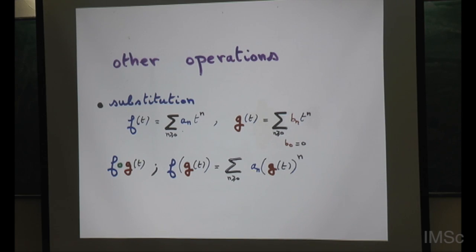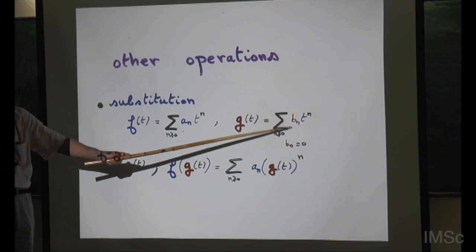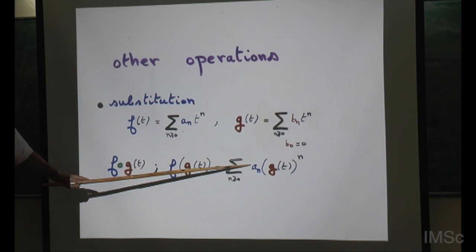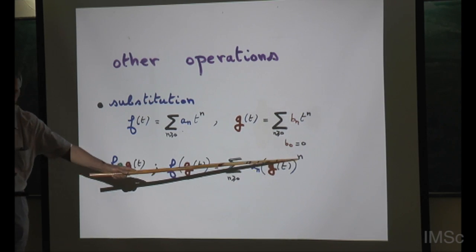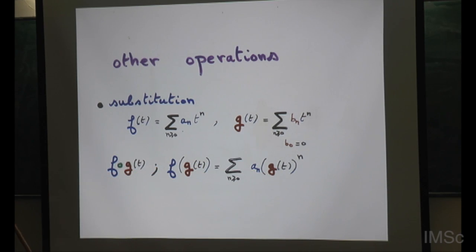So we'll work also with other operations. There are other operations, analogous to classical analysis. If you take a substitution, you have two power series, and you make a substitution, but to make sense, you must have the constant term of g(t) equal to 0. So you take this family of power series, a_n multiplied by g(t) power n, which is going to be summable, and so it makes sense to have the summation of a_n g(t)^n, and this is exactly what we define as the substitution of one power series into another.